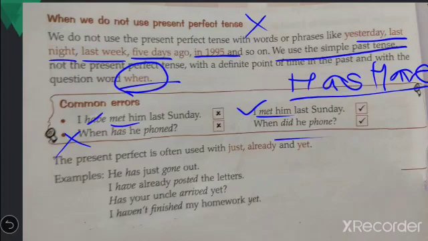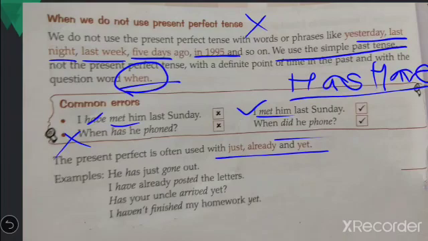The present perfect is often used with just, already and yet. When this type of word comes, just is showing that the action happened 5 minutes ago, a short time ago. At that time we have to use the present perfect tense.